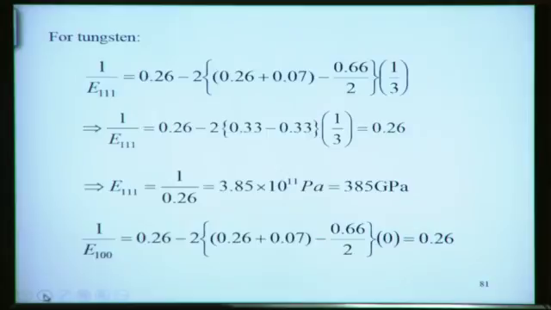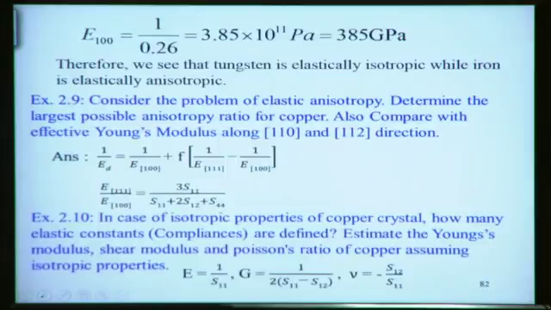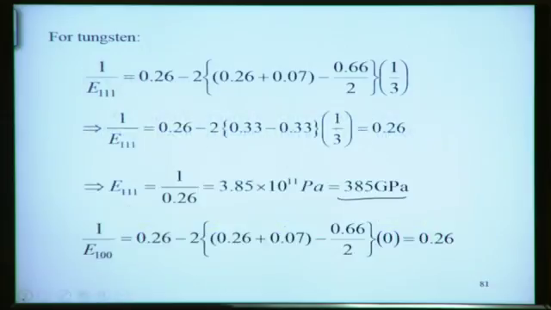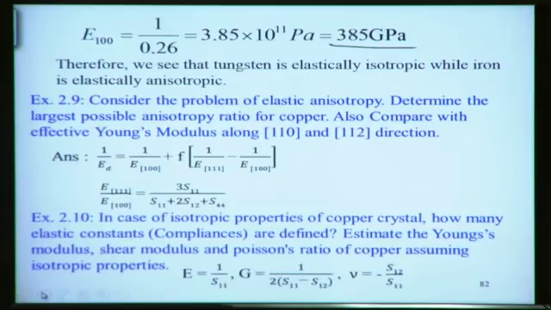But if you investigate tungsten in a similar way, we find E111 equal to 385 gigapascal and E100 equal to 385 gigapascal as well. So if you observe tungsten, along the direction 111 or along the direction 100, it's almost similar. Then we can conclude that tungsten is basically elastically isotropic while iron is elastically anisotropic.